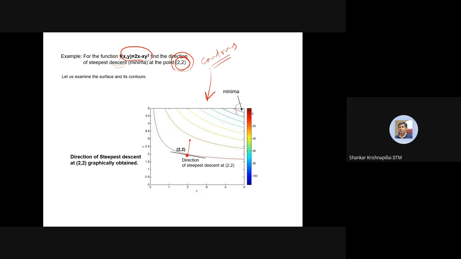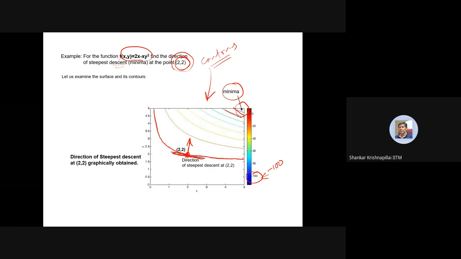If you look at the contour, the minima is somewhere here. You can see the blue region, this is like minus 100 and so on. So these are the blue regions. The minima is somewhere here, and we are now here. So as per our knowledge of the graphical method, you have to draw the contour passing through 2, 2. Then at that point you draw the tangent, where the point touches the contour, and then draw the normal to the tangent.